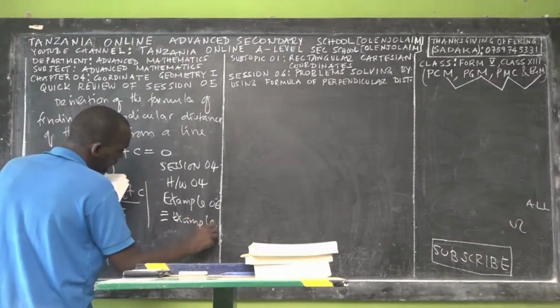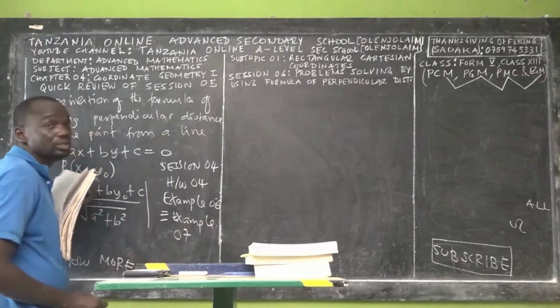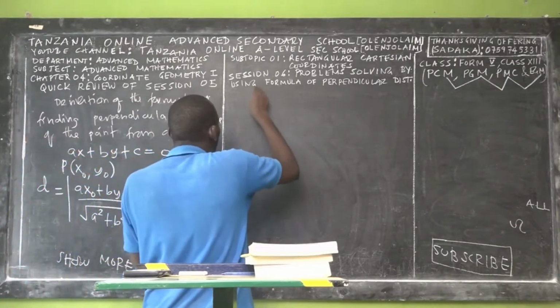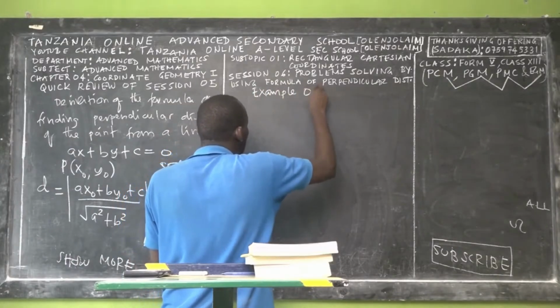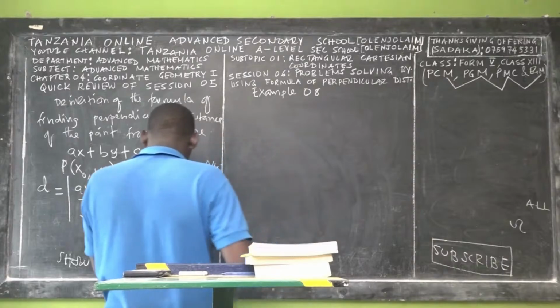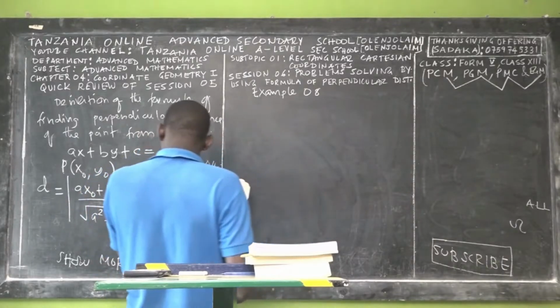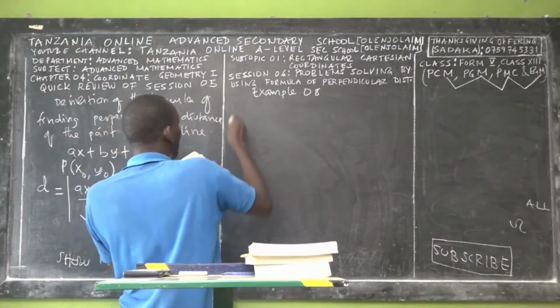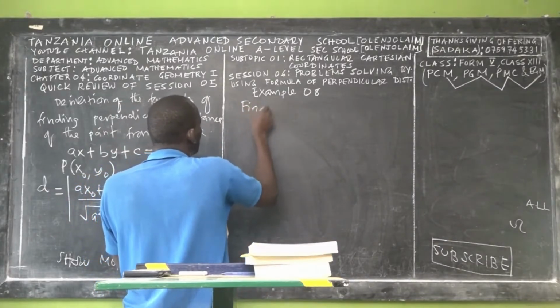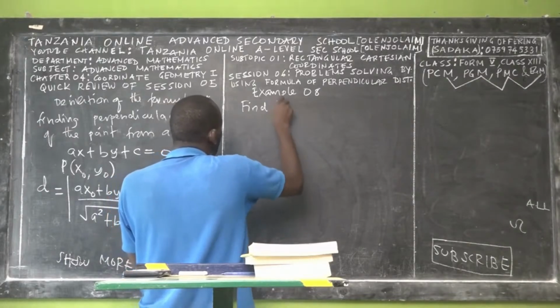So example 7 was a simple question. So today we are going to solve problems, and then it will be the end of this part of this concept. So example 8.